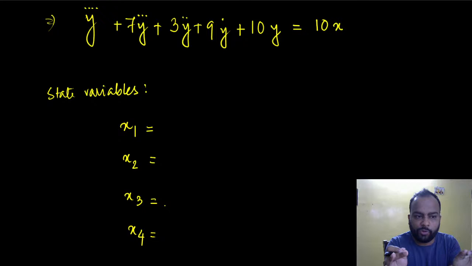If I give you a single unique system that has one transfer function, that can have infinitely many different state space representations.